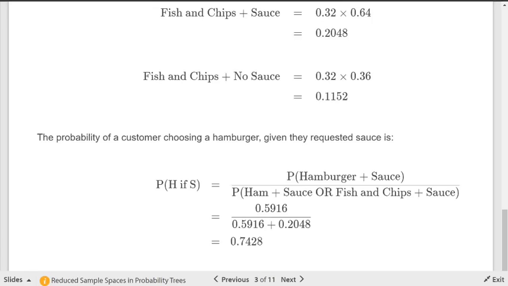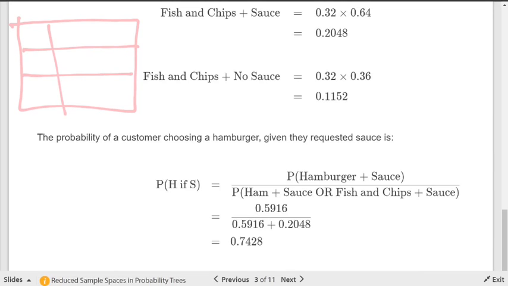No, if they don't give you a specific method, then you don't have to use a specific method. Let's just for kicks see if that works for us. Okay, so we've got, oops, gotta make it bigger, don't I? So we've got sauce, no sauce, hamburger, fish and chips.